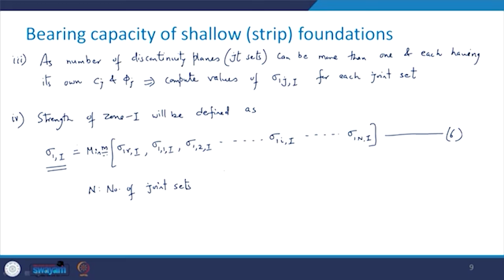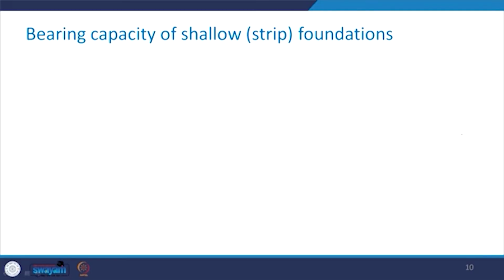Now, this was about the strength of zone 1, and this is how using equation number 6 we can determine it. What about zone 2? So, the next segment comprises the calculation for the strength of material in zone 2.